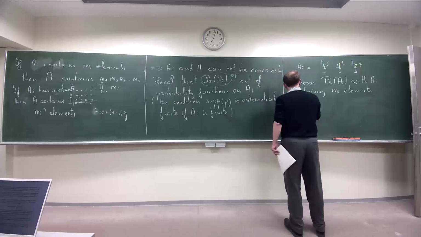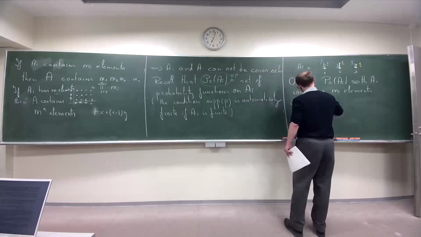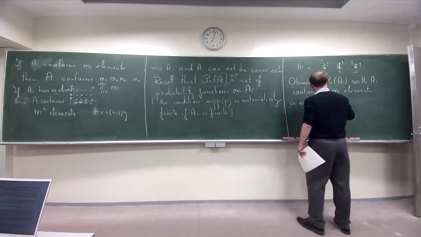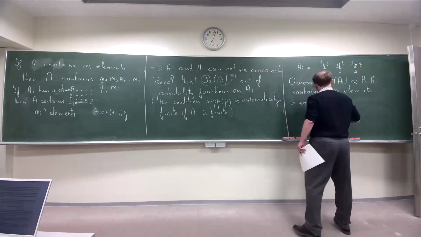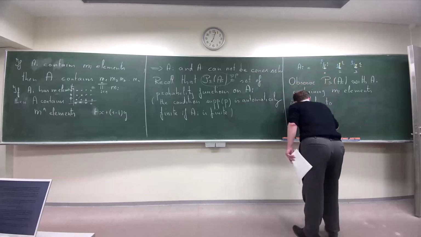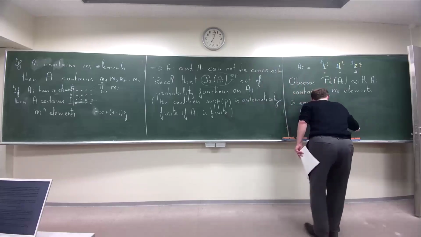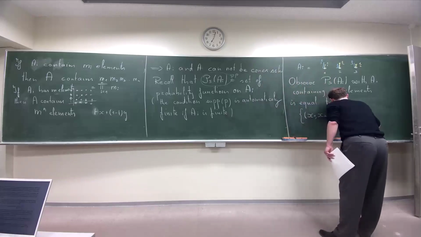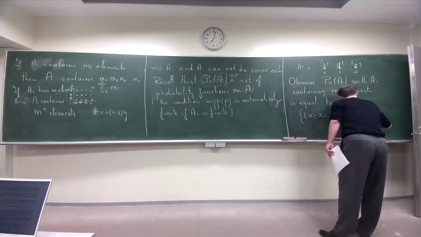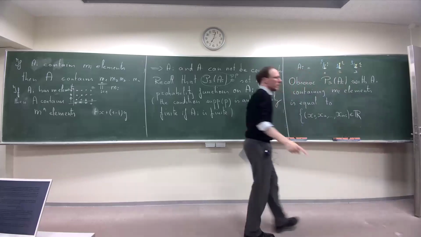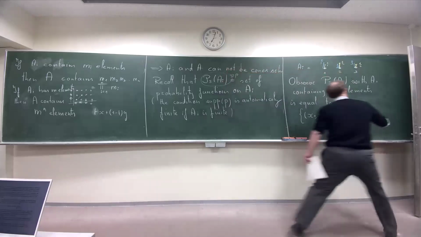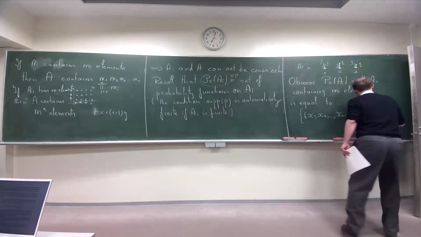I can represent it like this: I will take the set of vectors x1, x2, up to xmi. You know what a vector in Rmi is.